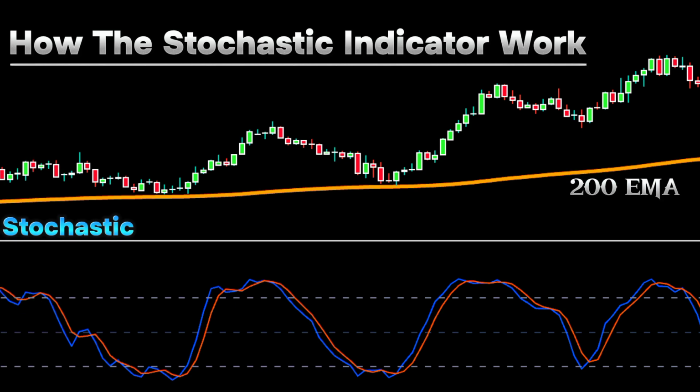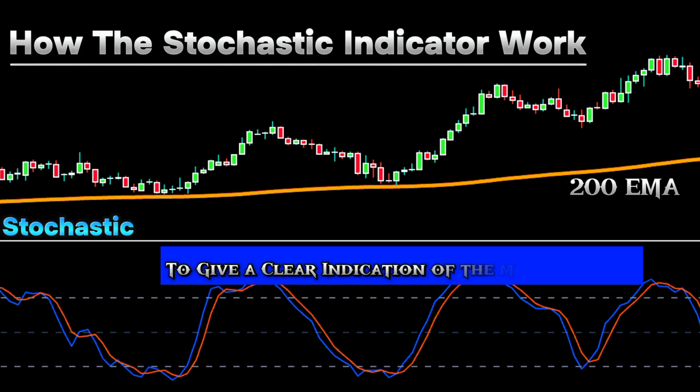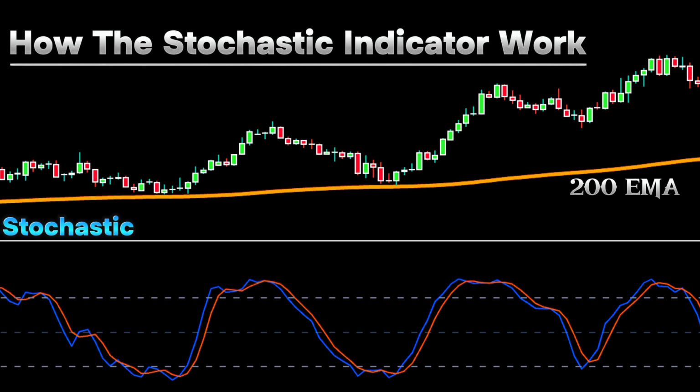We are going to be using the 200 exponential moving average to give us a clear indication of the market trend. This way we can be more confident and safely trade the reversals, knowing that we are always following the trend. And how this strategy works with the 200 exponential moving average is very simple. When the price is moving above the moving average, we are only looking out for buy positions.